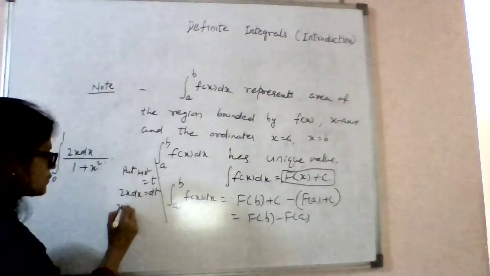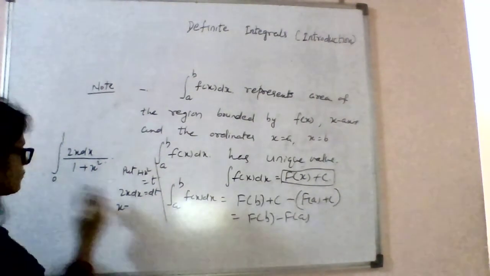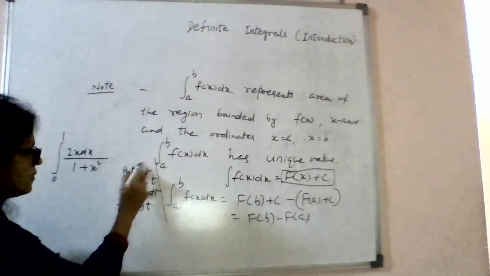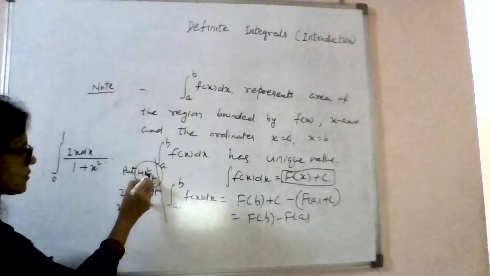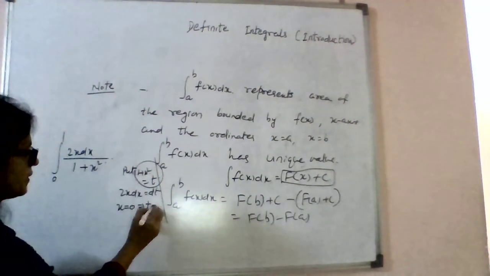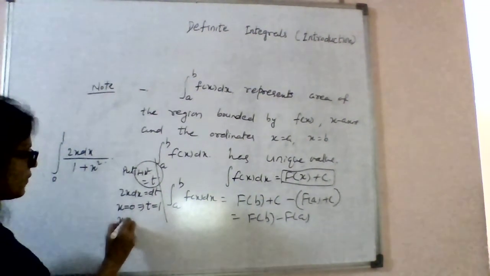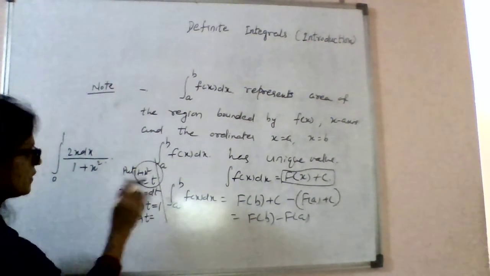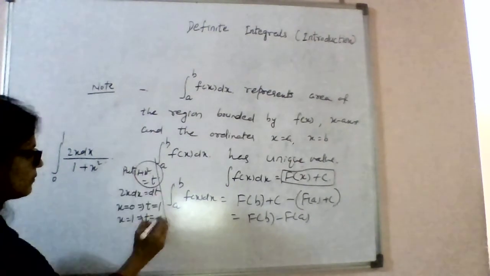When x equal to 0, t equal to 1 plus x square, so t will be 1 plus 0, that is t equal to 1. When x equal to 1, t will be 2.